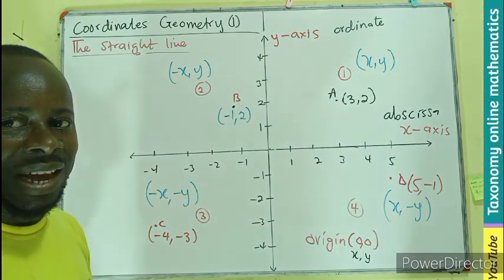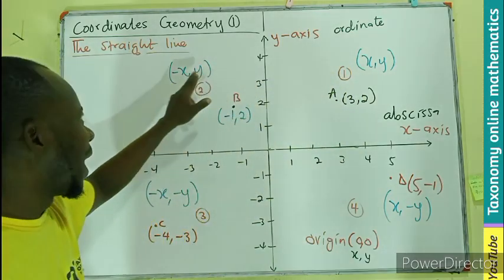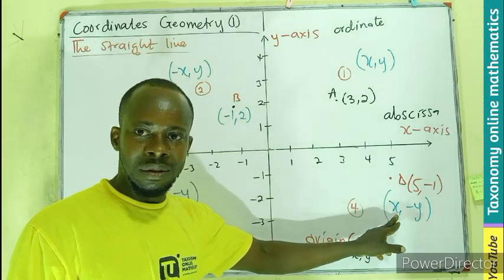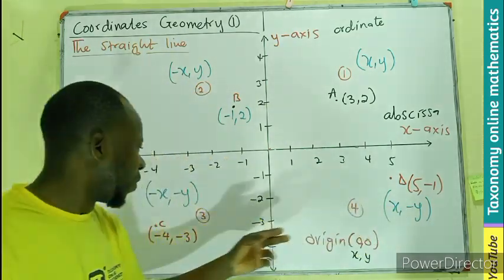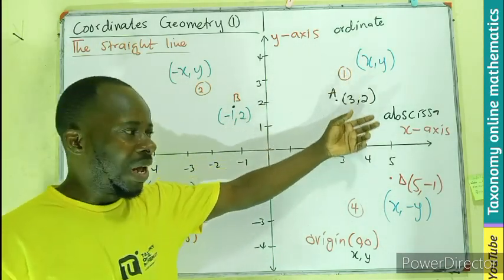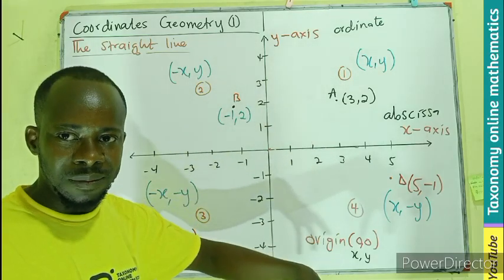You can see the negative signs are alternating. Positive, positive; x is negative, y is positive; x is positive, y is negative; both are negative, both are positive. So this is how we identify the point on the Cartesian plane.